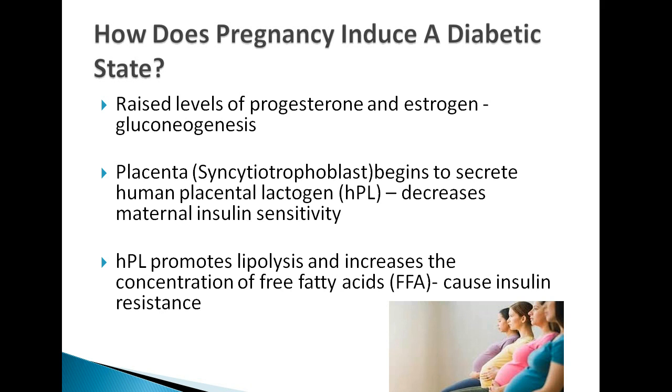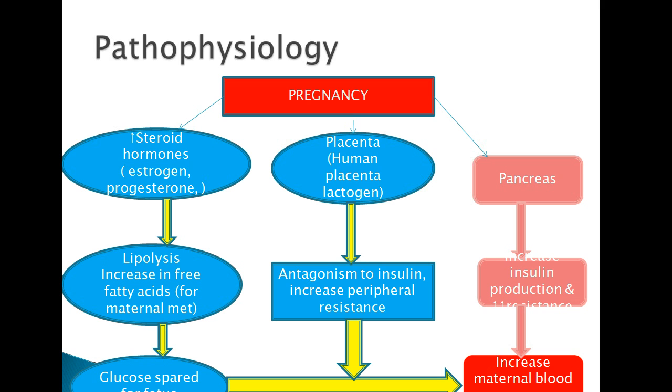So basically a raised level of progesterone and estrogens promotes gluconeogenesis, and also the placenta itself begins to secrete human placental lactogen that will decrease the insulin sensitivity, and the human placental lactogen also promotes lipolysis and increases the concentration of fatty acids, causing insulin resistance. So this is the pathophysiology.